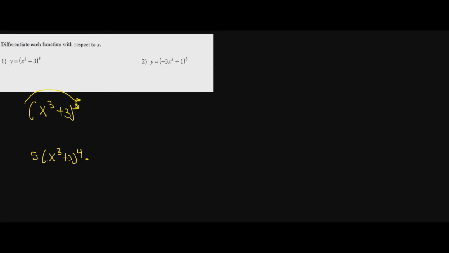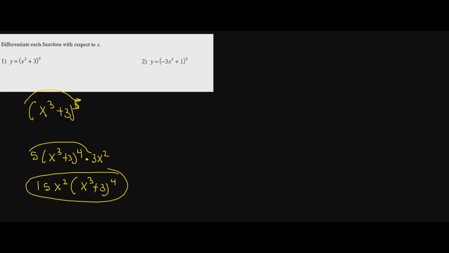Multiplied by, well, now take the derivative of what was on the inside. Well, the derivative of x to the 3rd is 3x squared, and the derivative of 3 is 0. Okay, now multiply 5 times 3, we get 15x squared (x to the 3rd plus 3) raised to the 4th power. And there it is. Notice how a problem before using algebra 2 would have taken us forever. Now it's only taking us about a minute, if not less, to be able to take the derivative.